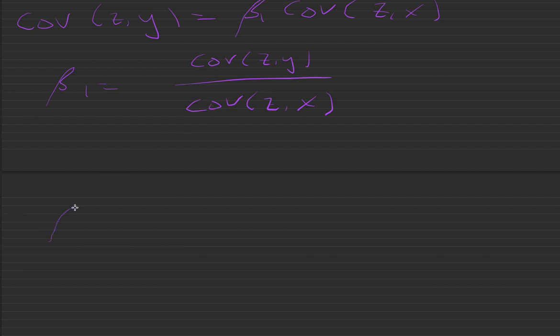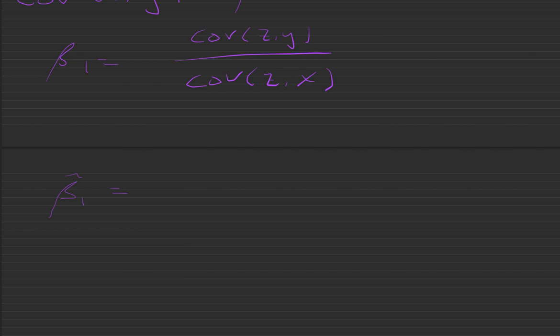So beta 1 hat is then given by the sum from i equals 1 to n of (zi minus z bar) times (yi minus y bar), all over the sum from i equals 1 to n of (zi minus z bar) times (xi minus x bar).